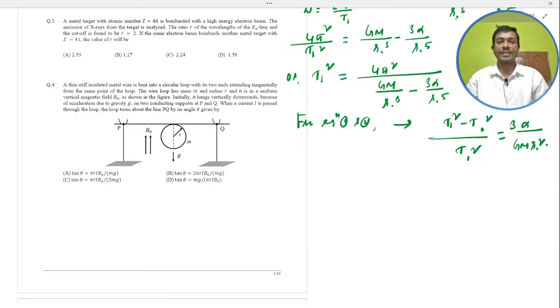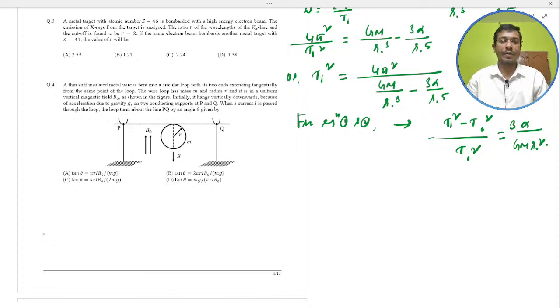Initially, it hangs vertically downward because of acceleration due to gravity g on two conducting supports at P and Q. When a current I is passed through, the loop turns about the line PQ by an angle θ given by what?